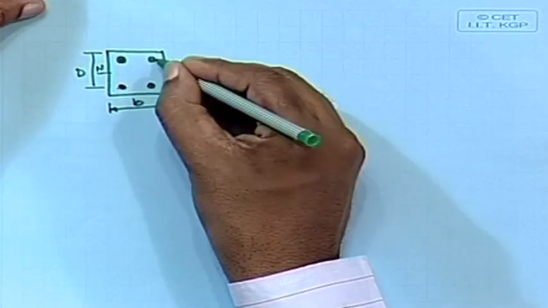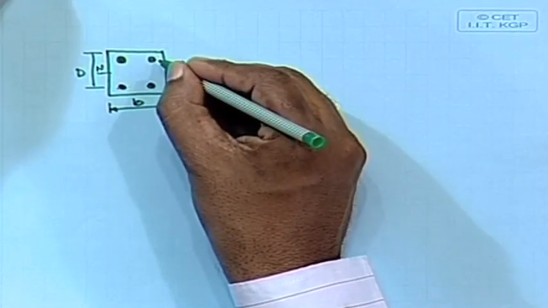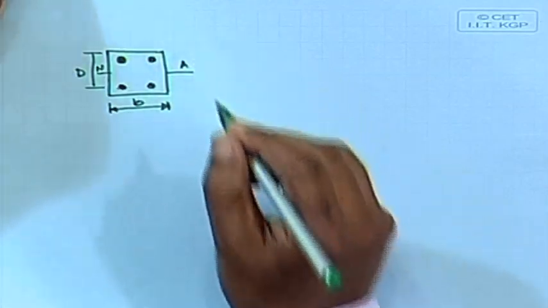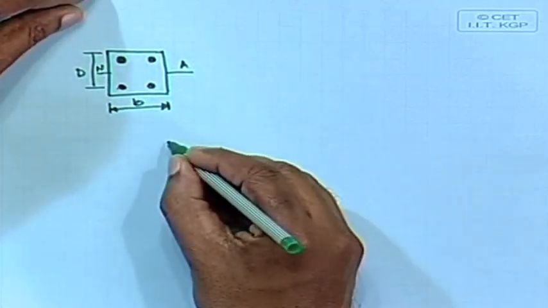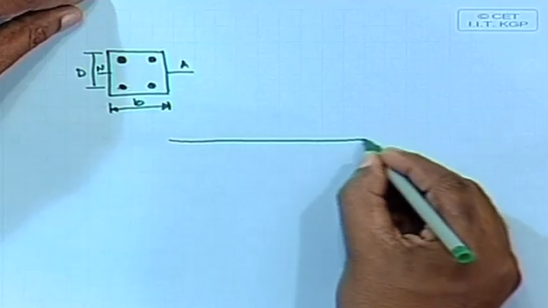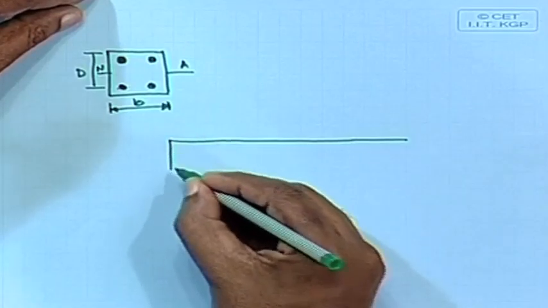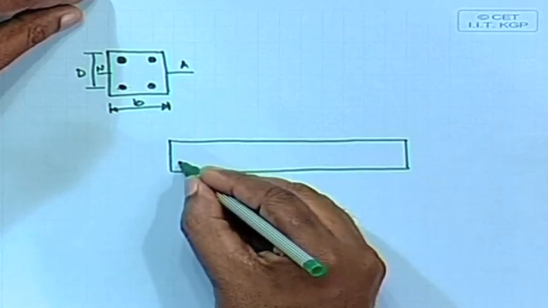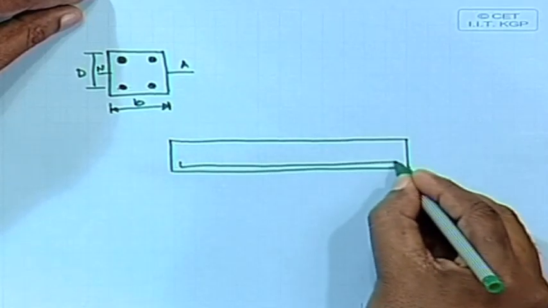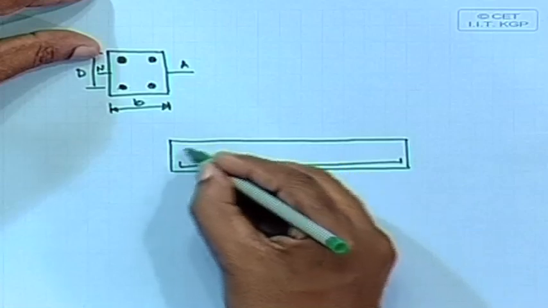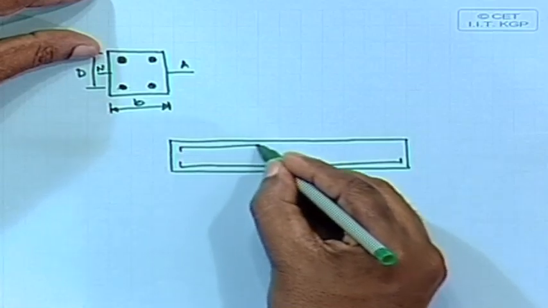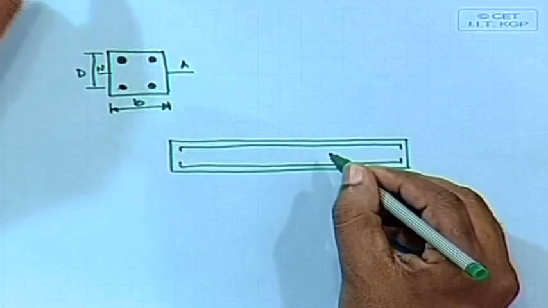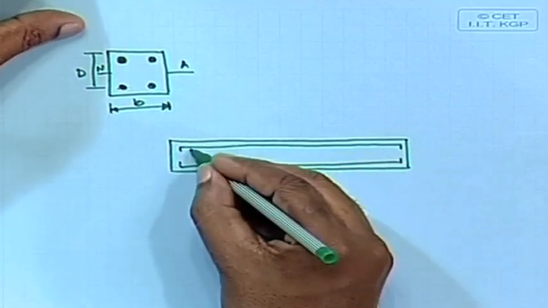Generally what we do, even if we provide reinforcement at the bottom, we also provide reinforcement at the top, though it is not required, but we provide this to hold stirrups.